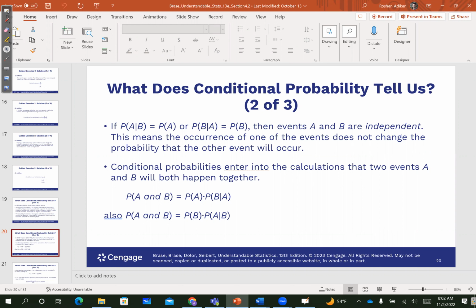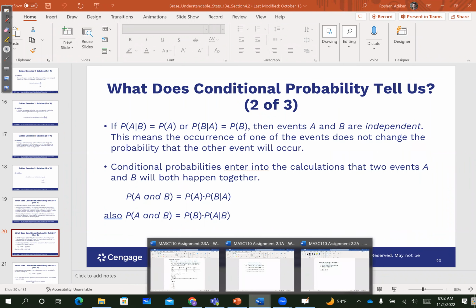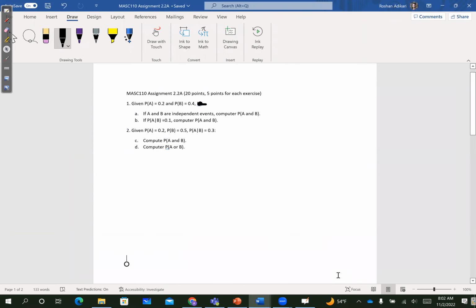So you have to use that for your second question, right? So again, I recommend you watching these slides. That's 2.2. That's also pretty straightforward.